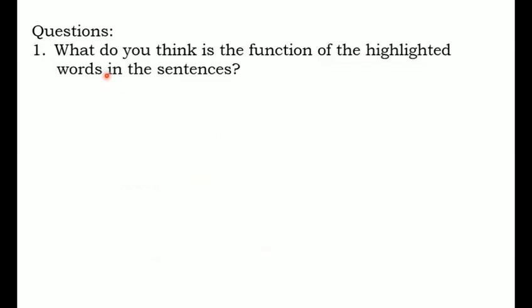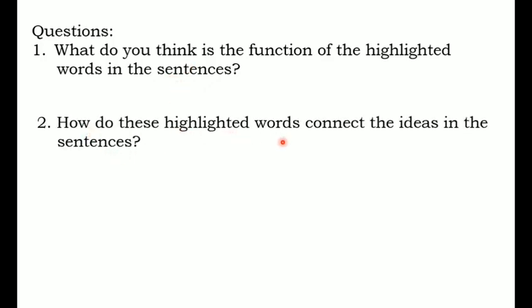Now, questions. What do you think is the function of the highlighted words in the sentence? That is what is stated in your module. Now, the answer here is the function of the highlighted words is coordinating and subordinating conjunction. Now, how do these highlighted words connect the ideas in the sentences?